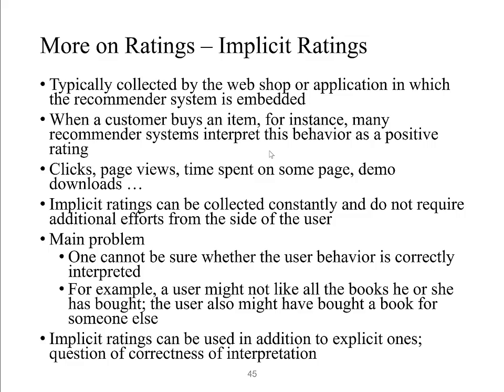Also, implicit ratings cannot have multiple levels like 1 star to 5 stars, because they can usually only be interpreted as a positive rating. You don't have a negative rating in most cases. And even for a positive rating, you don't know whether the user likes it very much or just bought it for some other reasons.